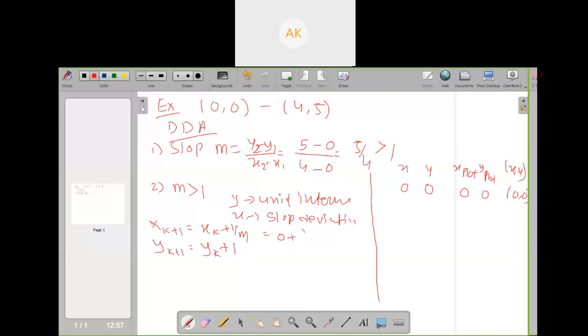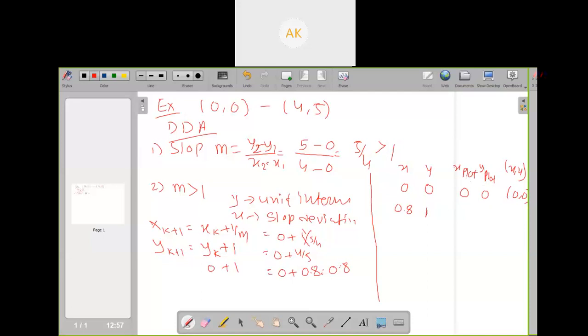And 1 by m, what is the value of m? 5 by 4, means 0 plus 4 by 5, 4 by 5 means 0.8, 0 plus 0.8 is 0.8. So the value of x will be 0.8, and the value of y will be yk, which is 0 plus 1, 1.